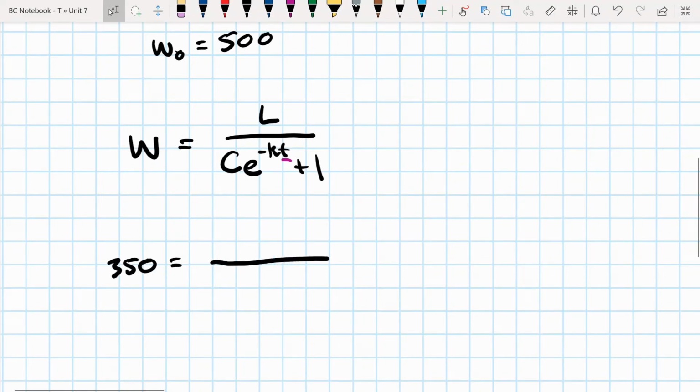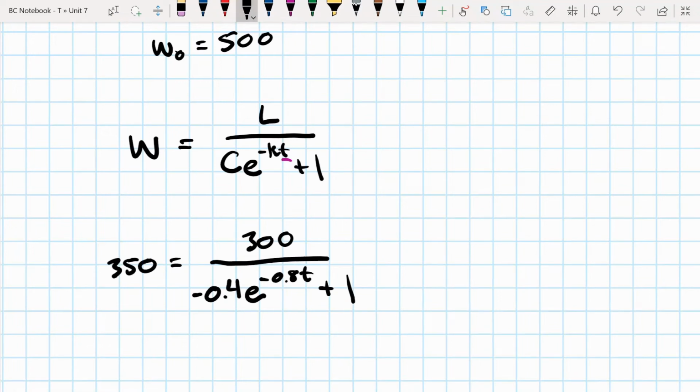The carrying capacity is 300. The constant that we just derived is negative 0.4, e to the negative 0.8, that's our K value, t plus 1. And our goal here is to solve this for t.